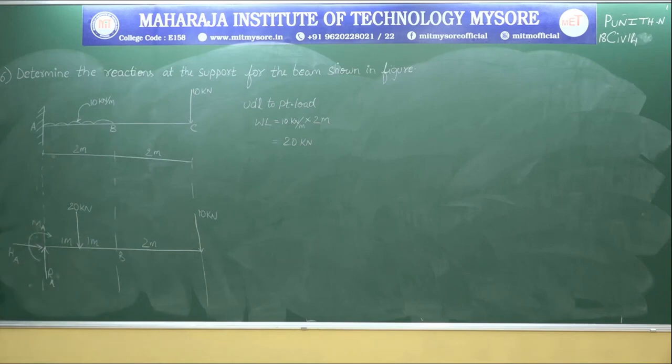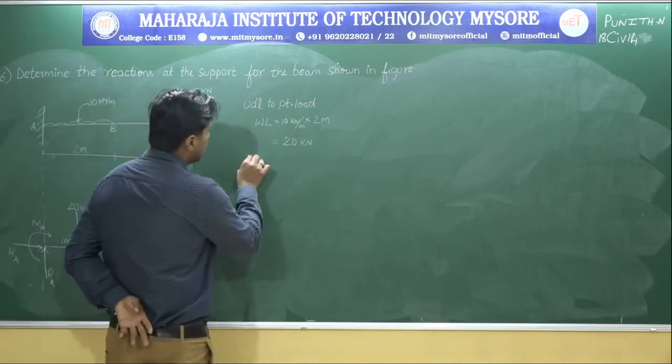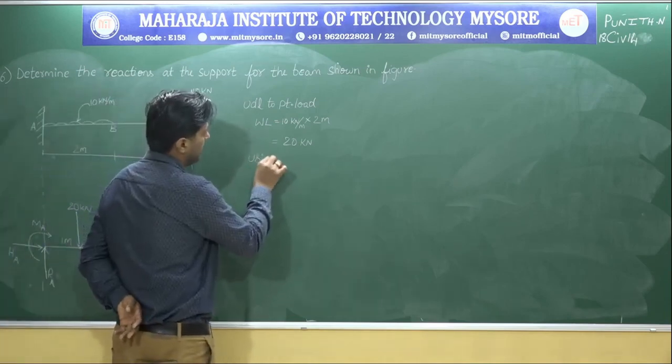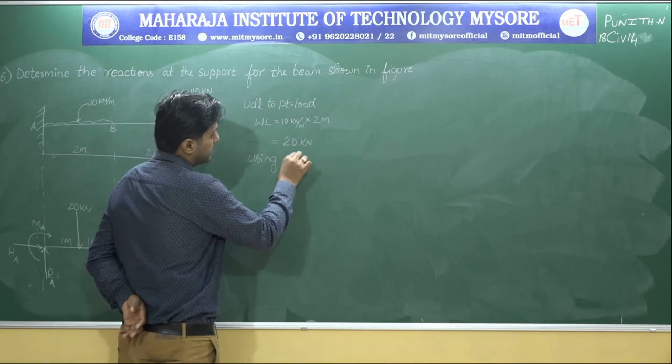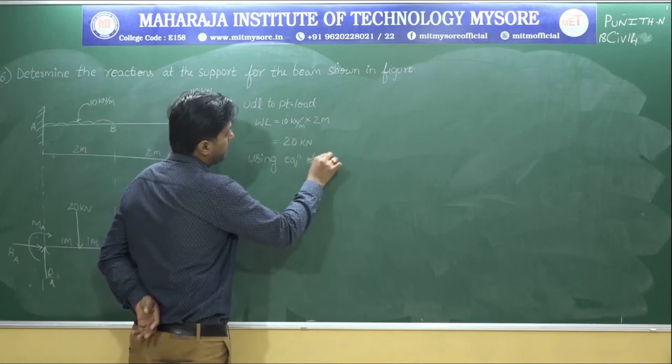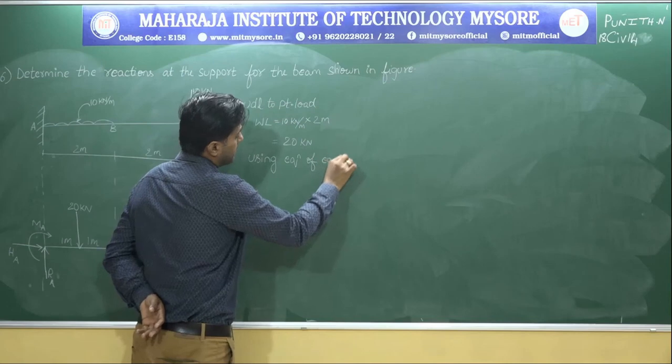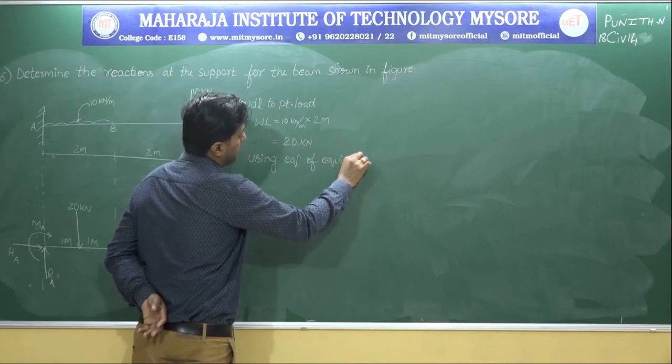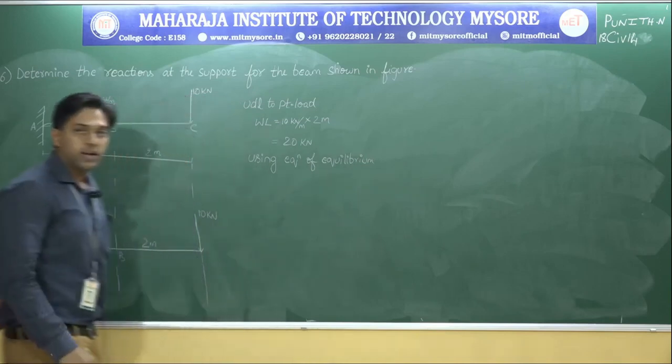It's a very simple free body diagram because in all the previous 5 problems, we have come across the hinge support and the roller support and normal simple arrow marks. But this is the new one. It is a fixed support where you will be dealing with 3 reactions. So now as usual, using the equations of equilibrium, what I need to do?